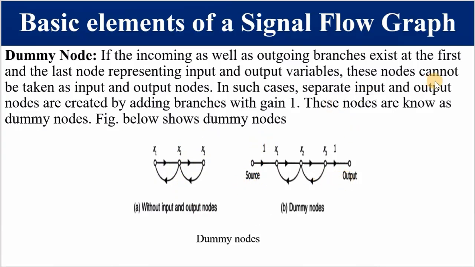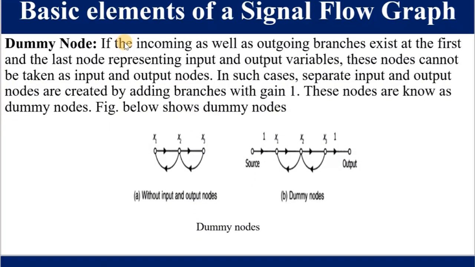Separate input and output nodes are created by adding a branch with a gain of 1. For example, we have created another node there with a branch of gain 1 and another branch of gain 1. After creating these two additional nodes, they are known as dummy nodes. Please take note that these nodes are dummy nodes because they were not there in the signal flow graph.